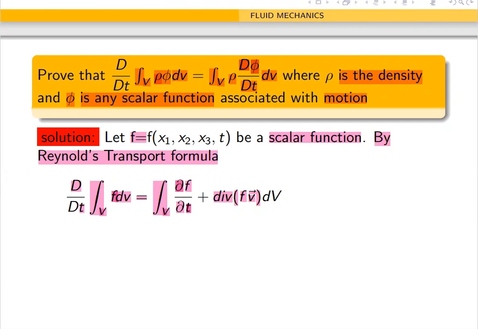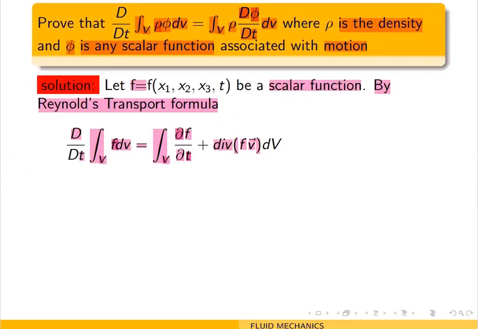We have taken this f as phi. What is small v there? Small v is the velocity of the continuum, and capital V is the volume of that continuum. And capital D by dt is nothing but the material time rate of change.